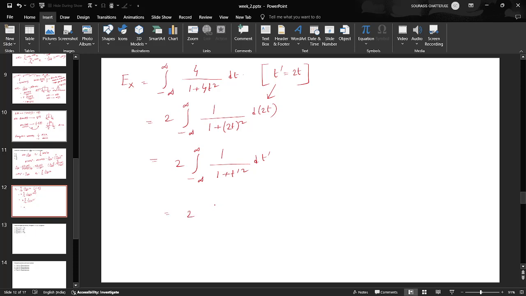The integral is in standard form of tan inverse of t dash, and it runs from minus infinity to infinity.